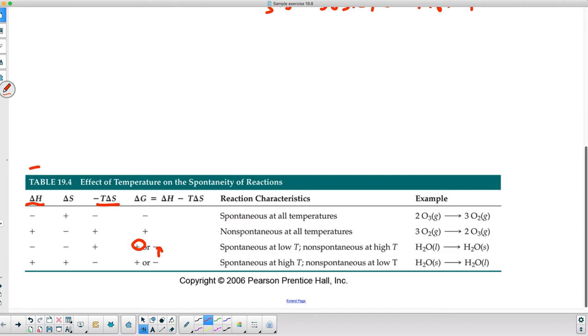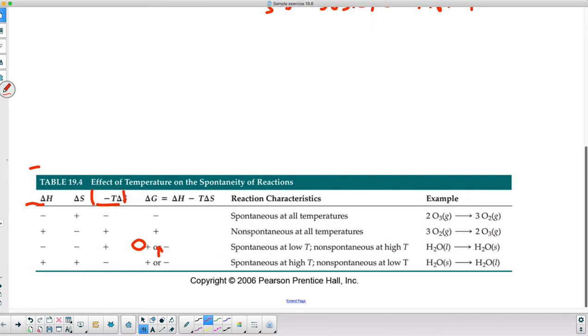And of course, the question is, what temperature is that? Well, you have to compare the delta H and this term of negative temperature times delta S. So we're going to compare these two. I'm going to show you what it looks like.